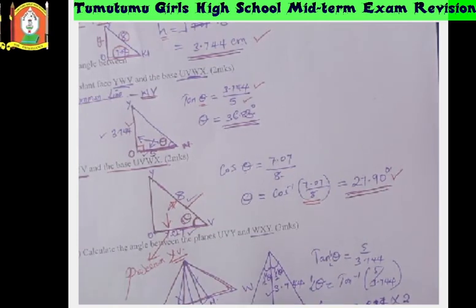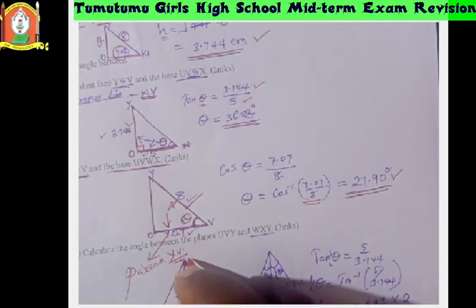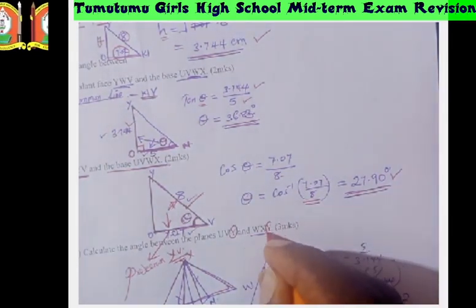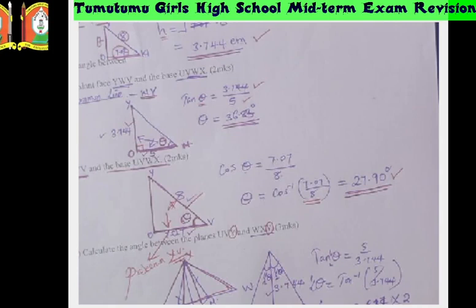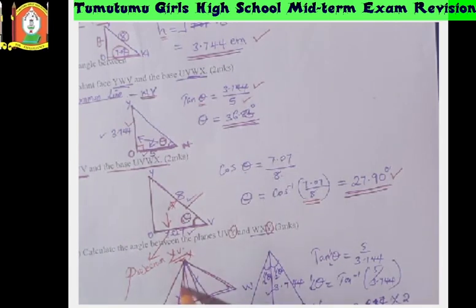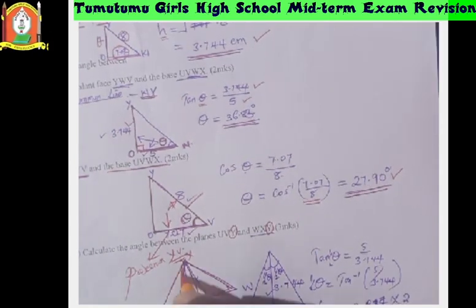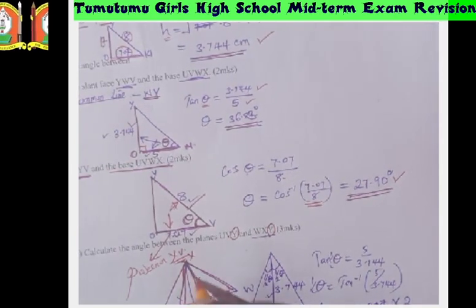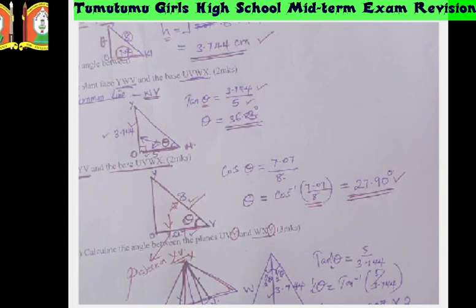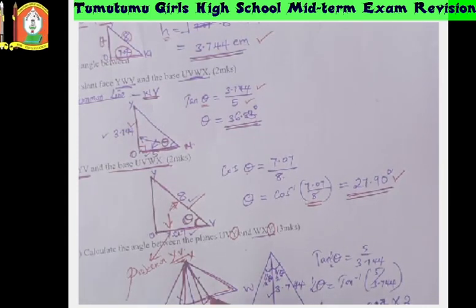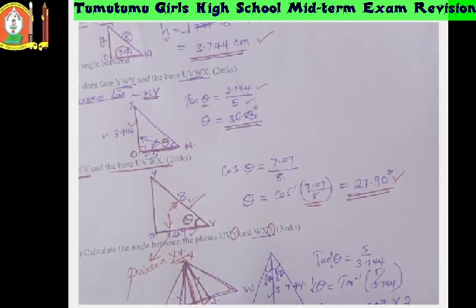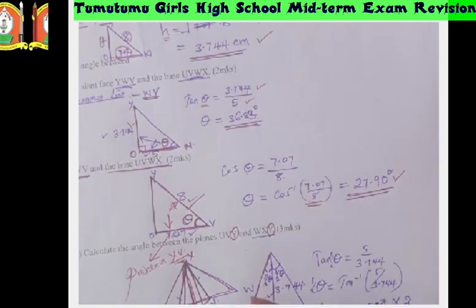So the common point is Y. Y is common for the two. So we draw two lines, one on each plane, perpendicular to the base. So we can see that there's a possibility of getting a right angle if we drop the center. So we have this isosceles triangle.